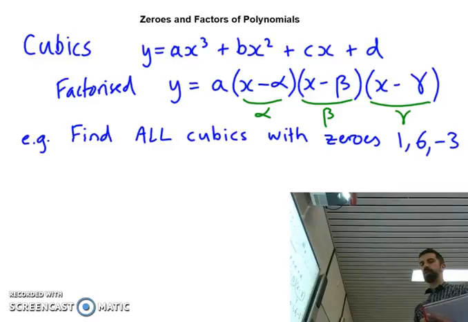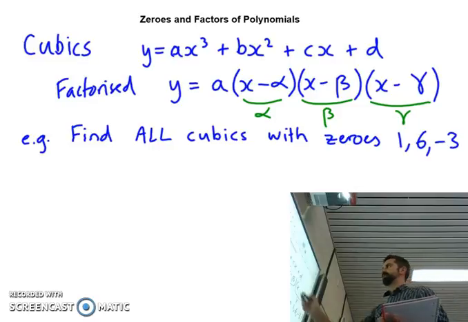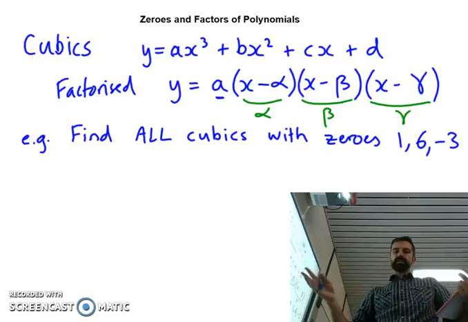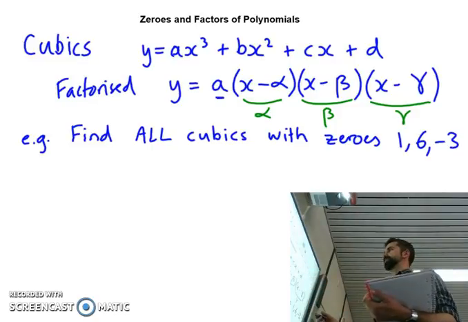So I want to find all of the cubic equations that have those zeros, and I'm going to use a trick for doing this in that I'm going to use this number a to cater for the fact that that covers all of the possible cubics.